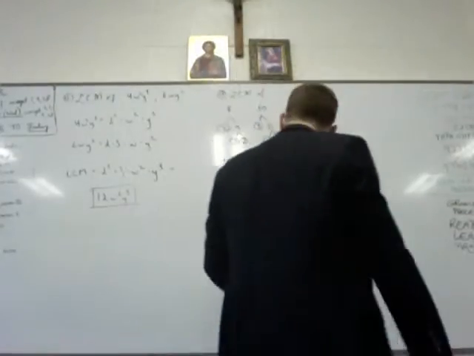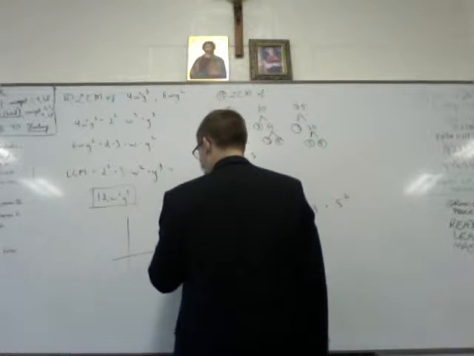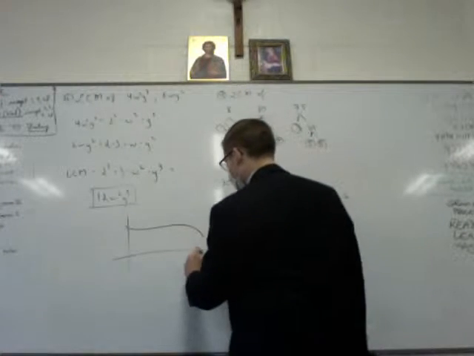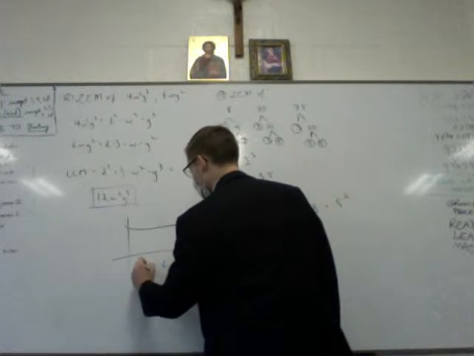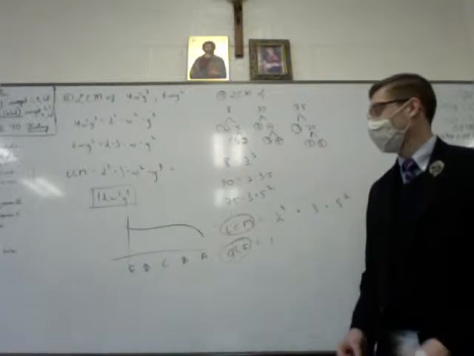The average on this test was a C. But the distribution looked kind of like this. It means that we did terribly. That's what it means. So that's not so great.